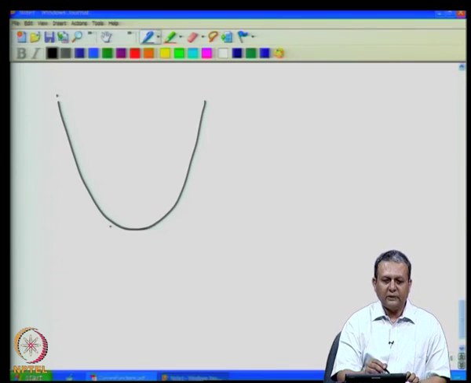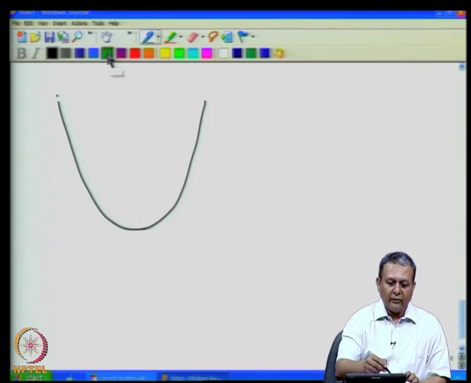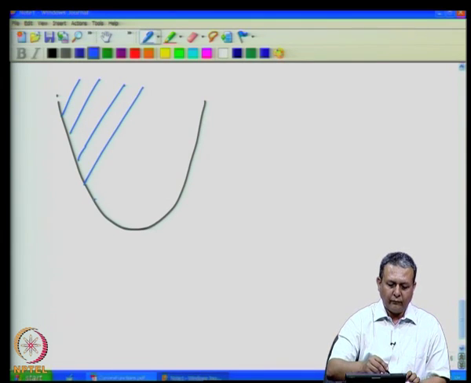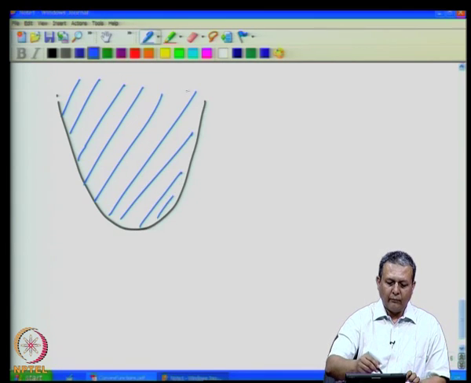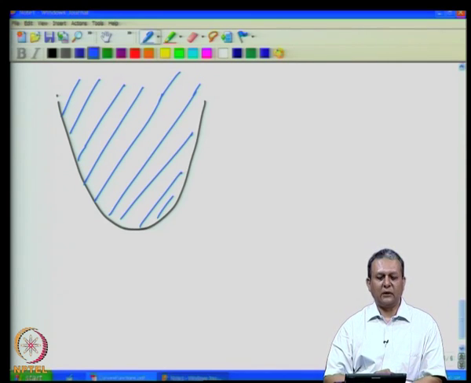this is the graph of the function. As I said, the graph is a set of all points (x, f(x)). And the epigraph of the function is a set of points which are on or above the function.